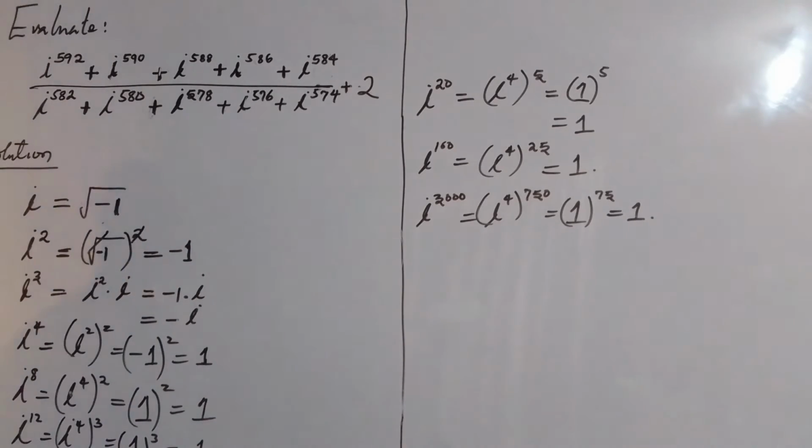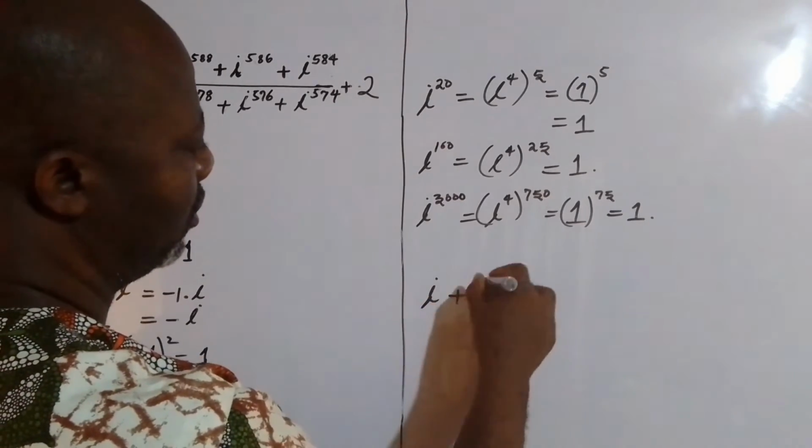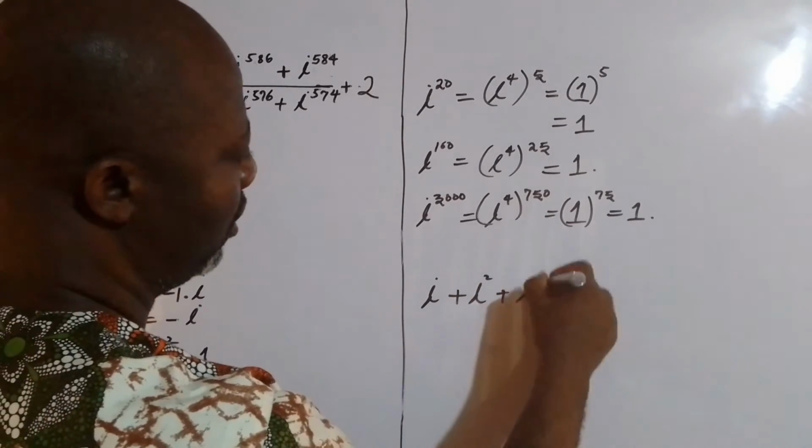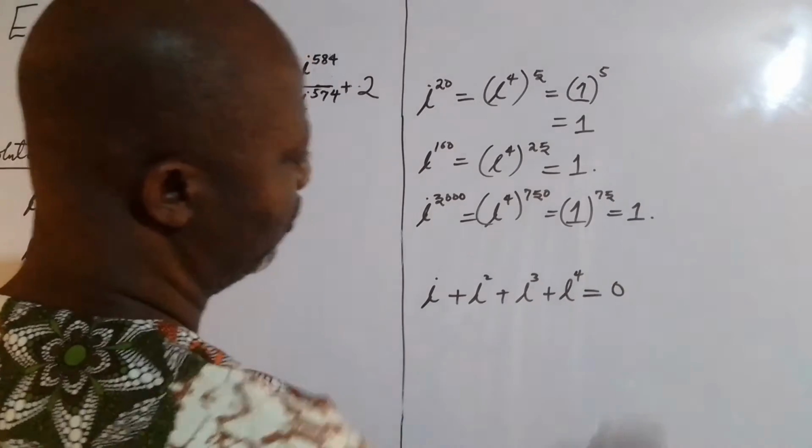And there's something else I need to say, although it may not really be relevant, but let me just say it. If I have, for example, i to the power of 1 plus i squared plus i to the power of 3 plus i to the power of 4, this is actually equal to 0.